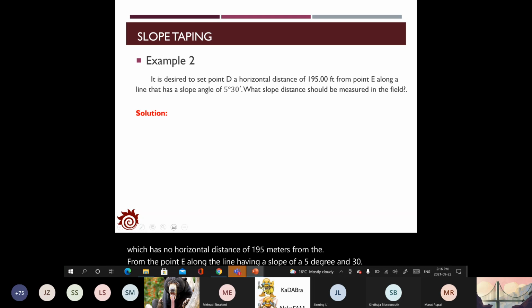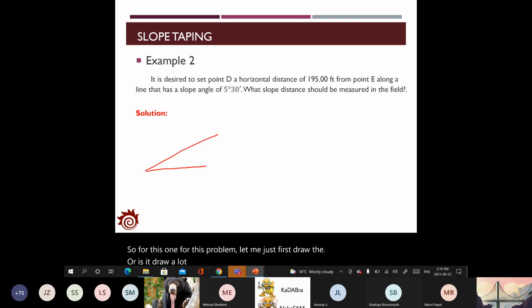We want to find the slope distance from point D to point E. For this problem, let me first draw a graph to represent the problem.